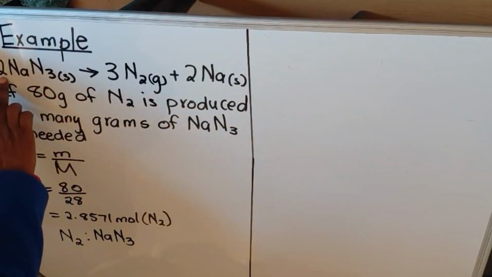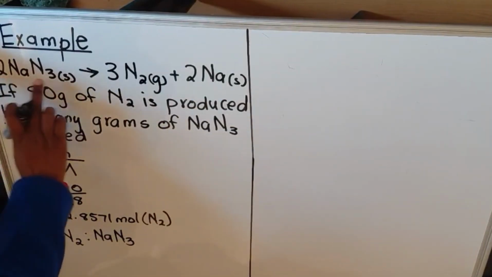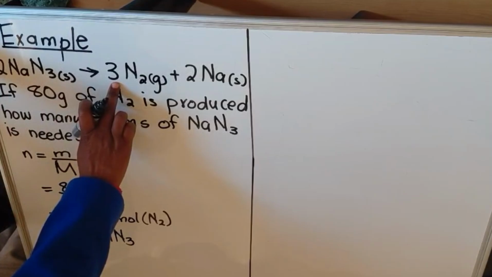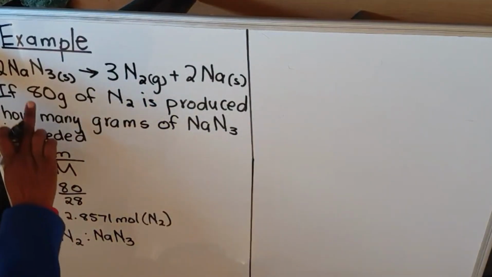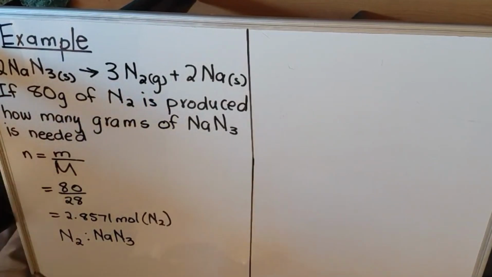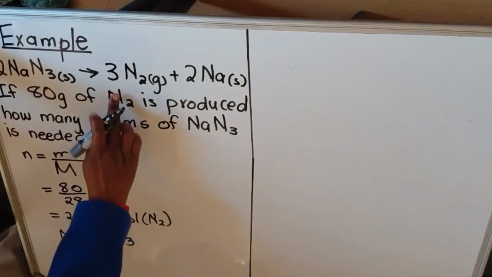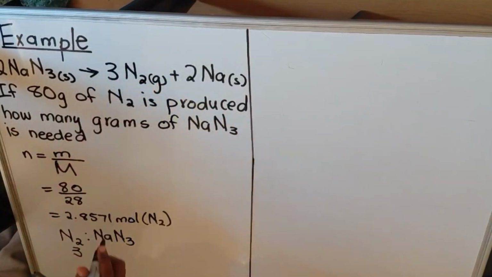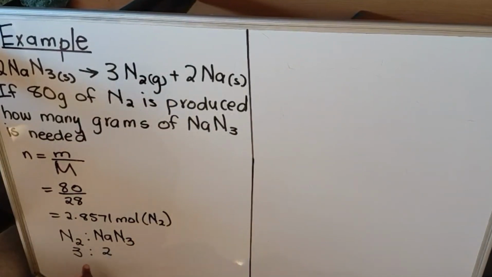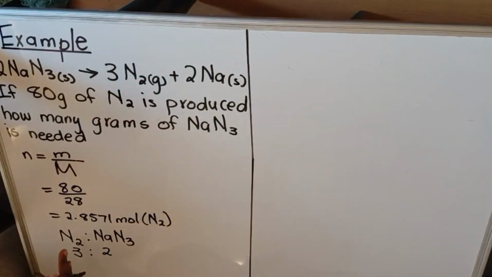With sodium azide, there's a 2. With nitrogen it's 3. The ratio is the coefficient of each substance. So nitrogen is 3 and sodium azide is 2. This is the molar ratio of nitrogen and sodium azide.